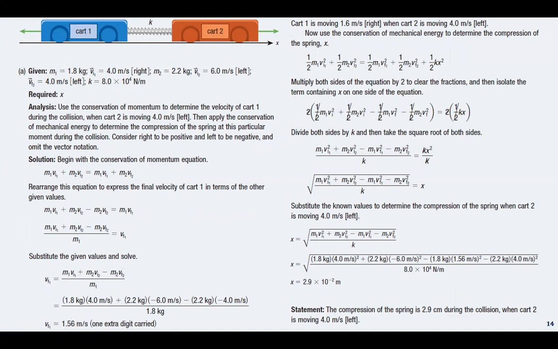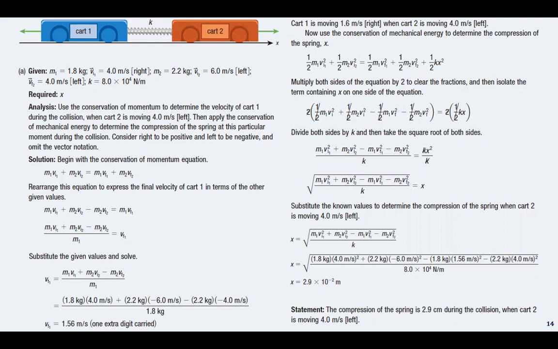When cart 2 is moving at 4.0 meters per second to the left, then apply the conservation of mechanical energy to determine the compression of the spring at this particular moment during the collision. Consider right to be the positive direction and left to be negative, and omit the vector notation. You can simply use the signs, negative or positive, to indicate the direction, right?